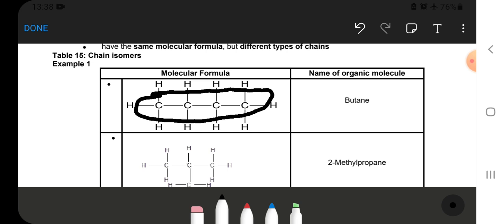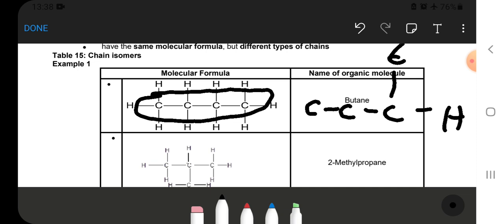Remember, the C's that are going in order can even go like this: a C, a C, a C, and then the last C here. It ends like this, and then we'll just have H's surrounding it.